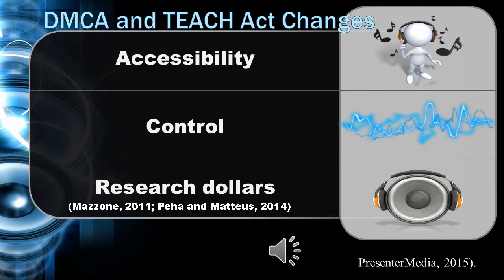As far as control, that's the same thing. Provide more control to the licensee of media.